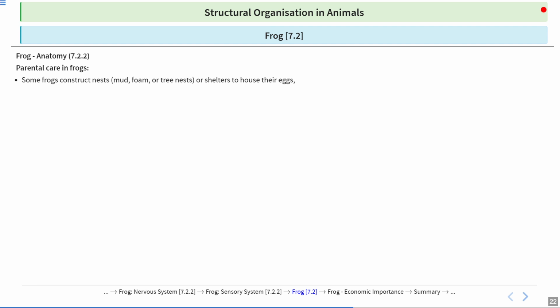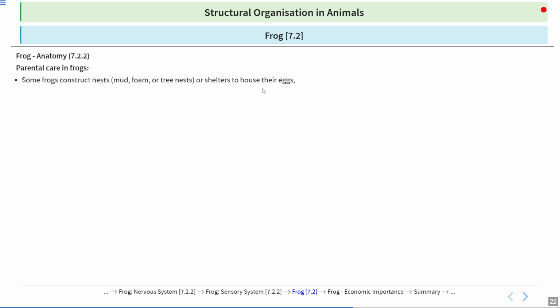Parental care in frogs. We see a lot of parental care in frogs. Some frogs construct nests with the help of mud or foam, or on trees. Sometimes they make a tree nest or any shelter to house their eggs.